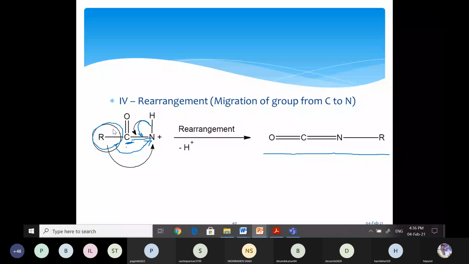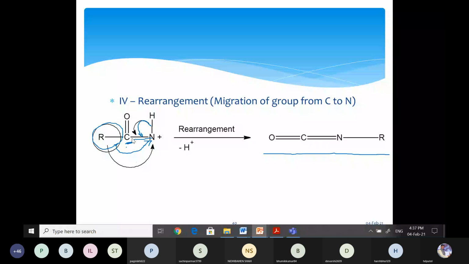At the same time this carbon also becomes electron deficient, so carbon pulls electrons from the nitrogen, and nitrogen pulls electrons from the hydrogen. As a result a double bond forms between carbon and nitrogen, and the group R attaches to the N. So we get R N double bond C double bond O, and this is known as isocyanate.